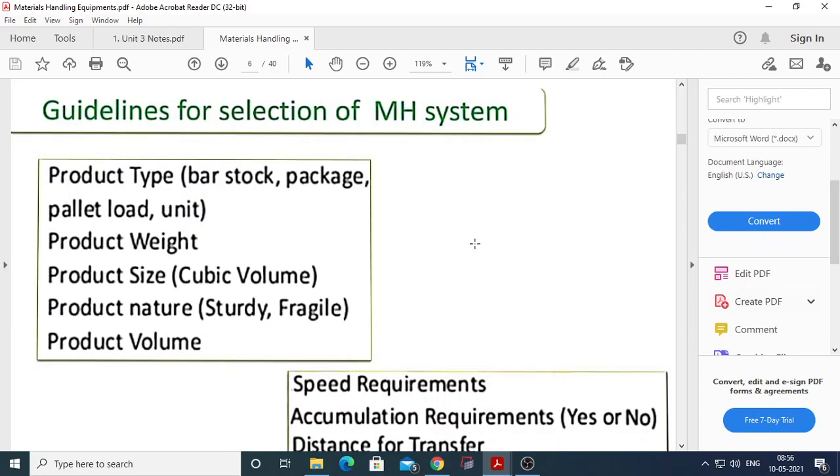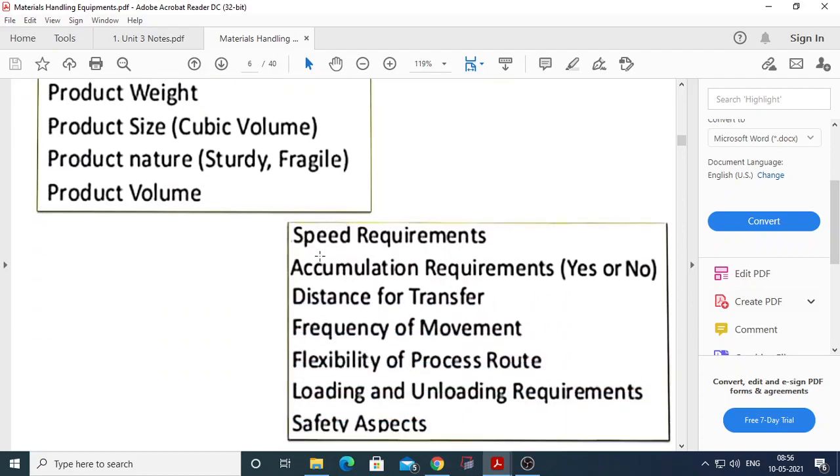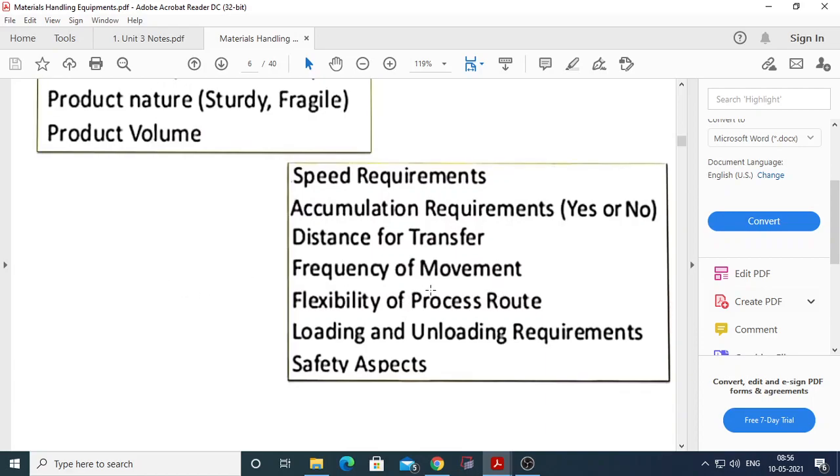There is product type: bar stock, package, pallet load unit; product weight, product size, meaning you have to consider the cubic volume of the product; nature and product volume. Then again speed requirement, accumulation requirement, distance for transfer, frequency of movement, flexibility of process route, loading and unloading requirement, and safety aspect.